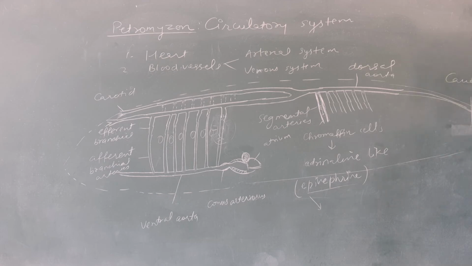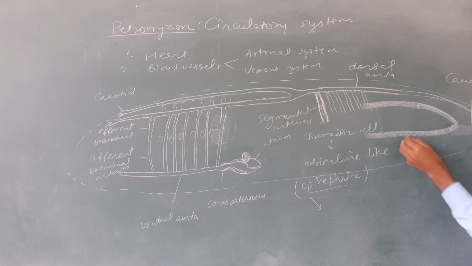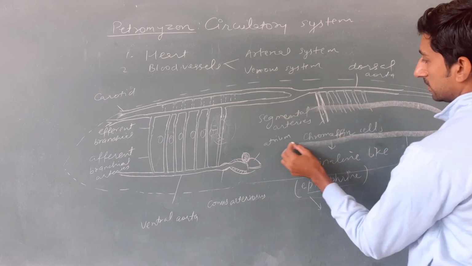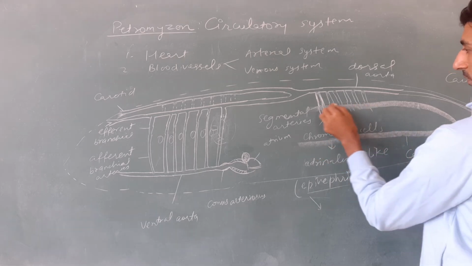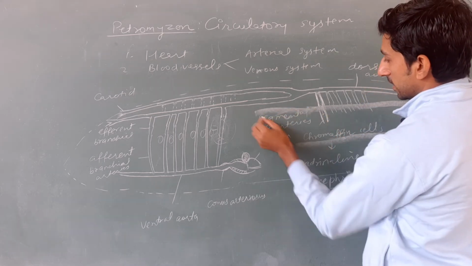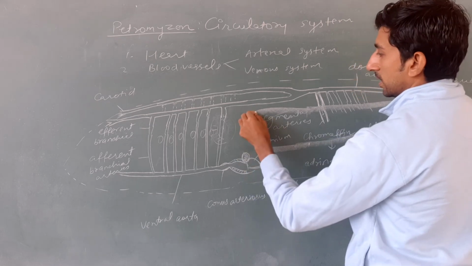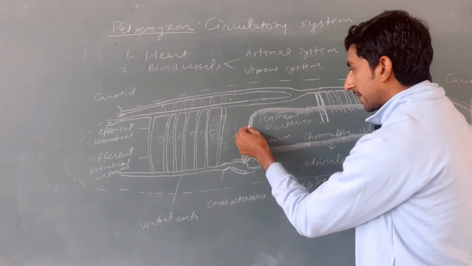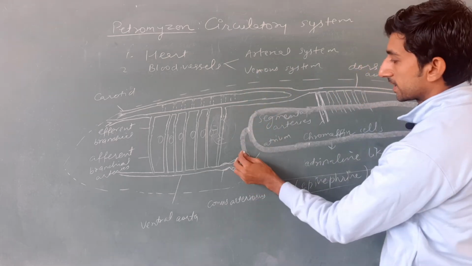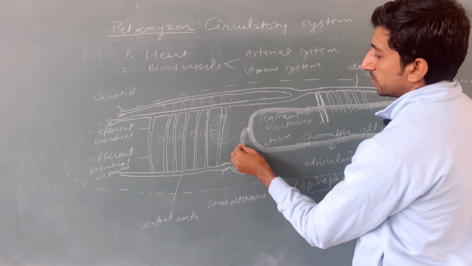This caudal vein bifurcates into cardinal veins, left and right cardinal veins, and these come anteriorly, they collect blood from the body muscles and from this posterior region, and these cardinal veins join together in the form of common cardinal, and that common cardinal pours the blood into sinus venosus, the accessory chamber. It is common cardinal.